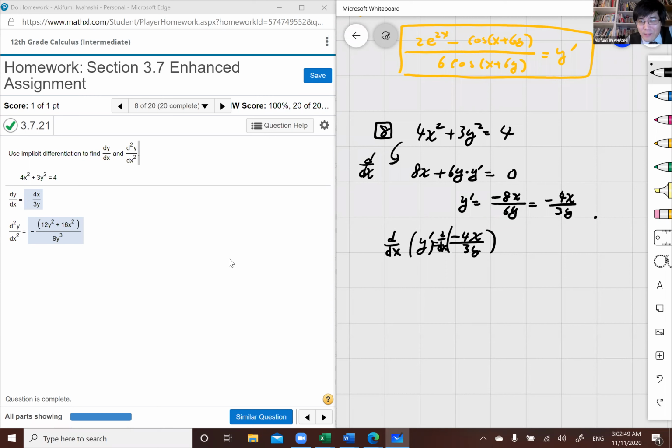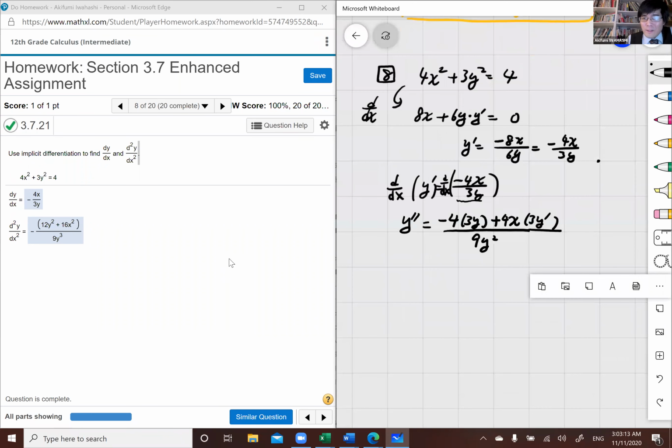So the denominator squared, derivative of the top, minus top times derivative of the bottom. So this, you can divide top and bottom by 3 to simplify the fraction a little bit. So it's going to be 3y squared minus 4y plus 4xy dash. So that's going to be y dash dash.